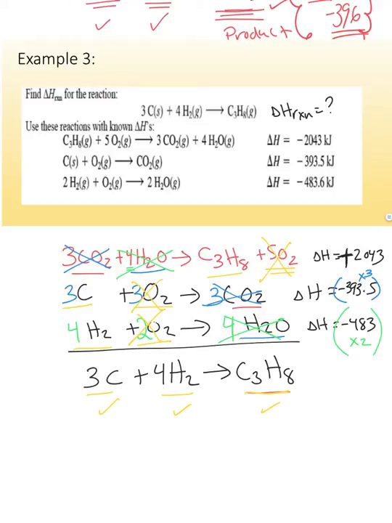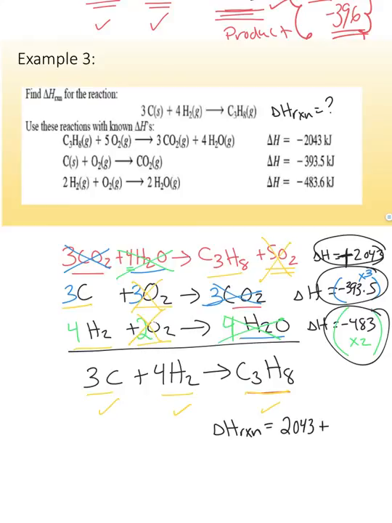So how to find the delta H of the overall reaction? You need to add this plus this plus this. Right, so we have 2,043 plus minus 393 times 3, which is 1,180.5.